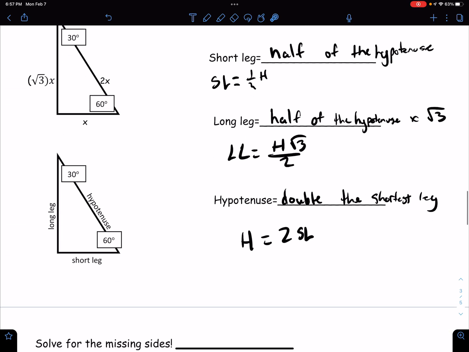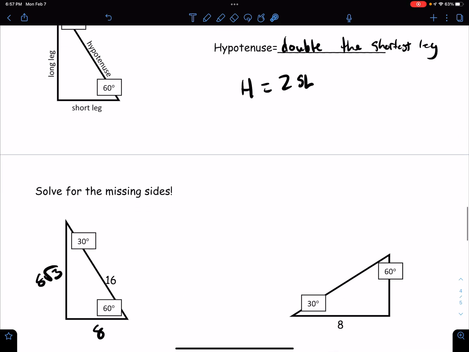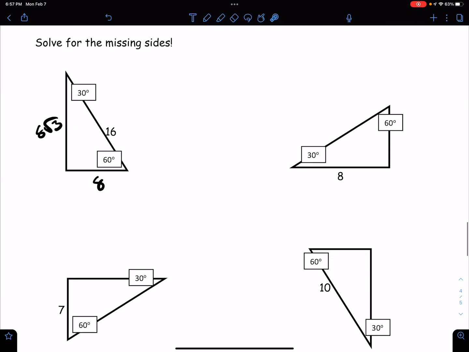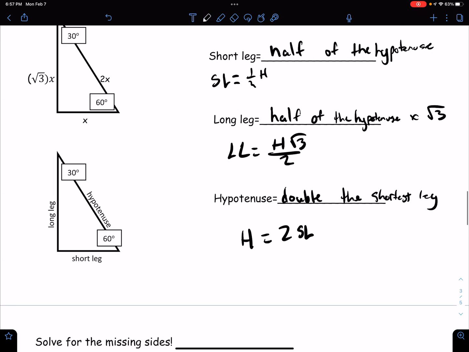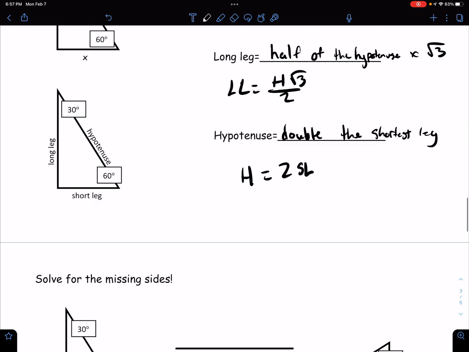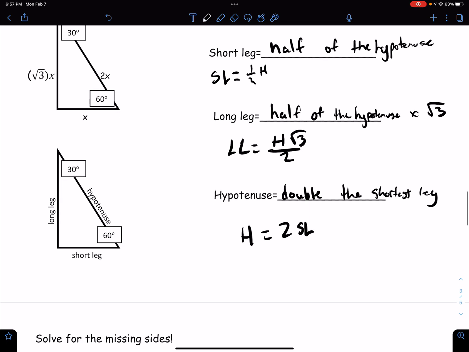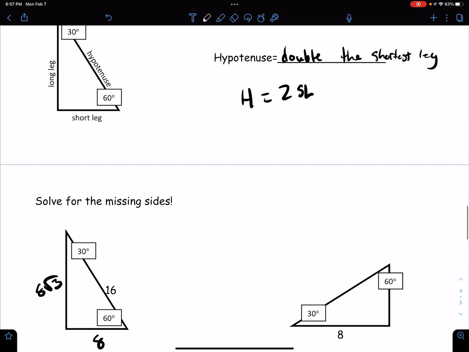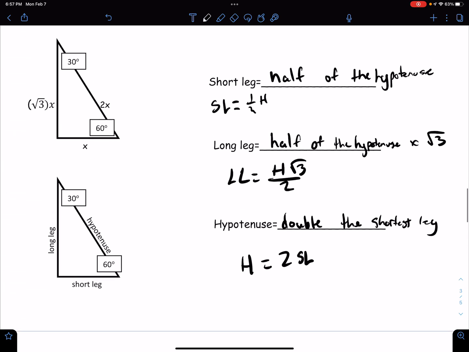So if I go back up to here, I know that my longest leg is half of the hypotenuse times the square root of 3. Okay, so we don't know the hypotenuse yet. So how can we find this? So the hypotenuse is double the shortest leg. Well, we don't have the shortest leg either, right? So all we have is the longest leg.